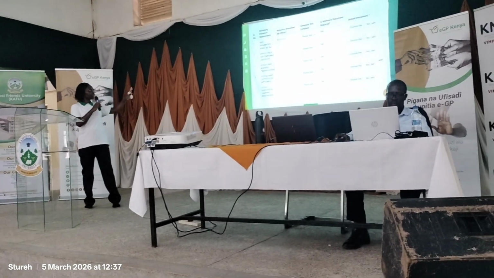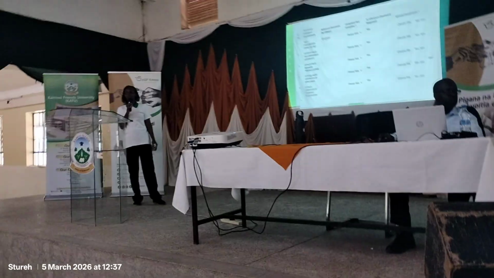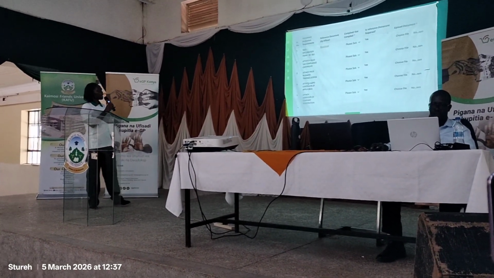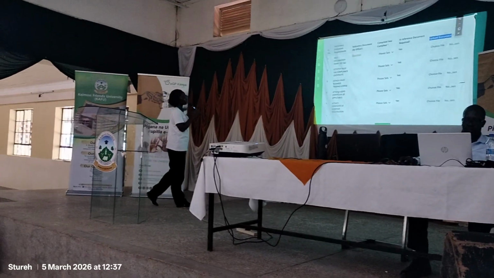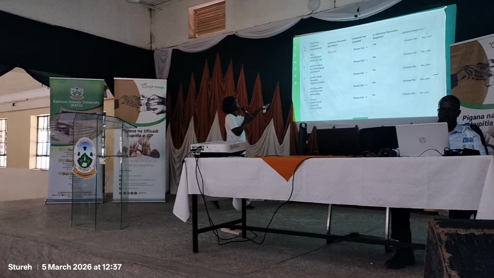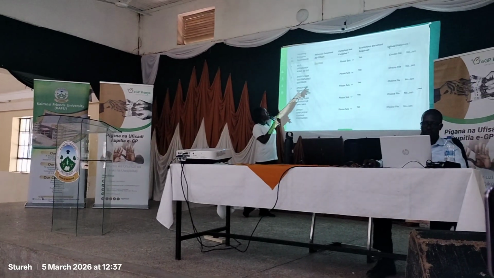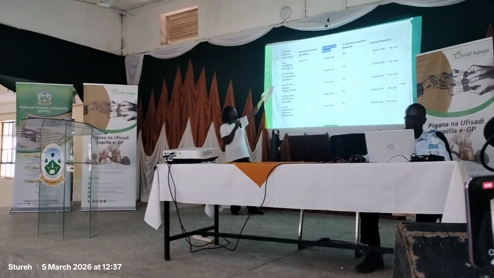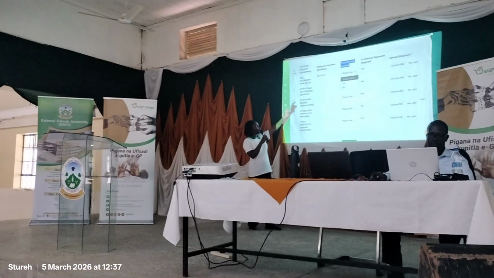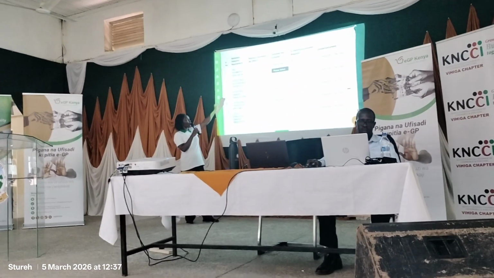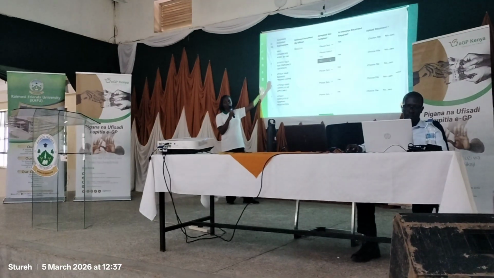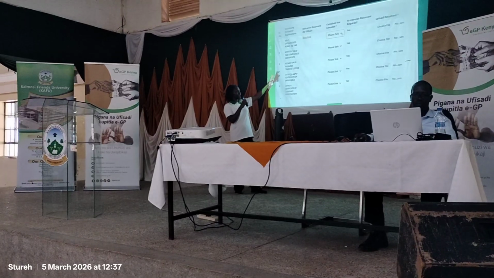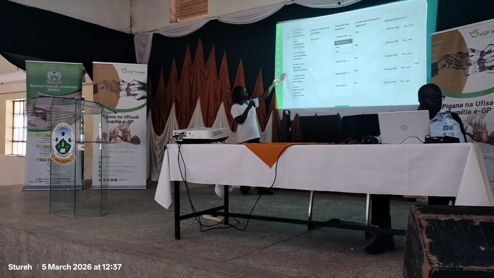So you need now to download it. You as a supplier, you download it, you fill, and then you are going to upload. So you can see in this column where we have complied or not complied. It's mandatory for you to choose from the drop down. So we have yes or no. So if you comply, then you are going to say yes, then you are going to attach.